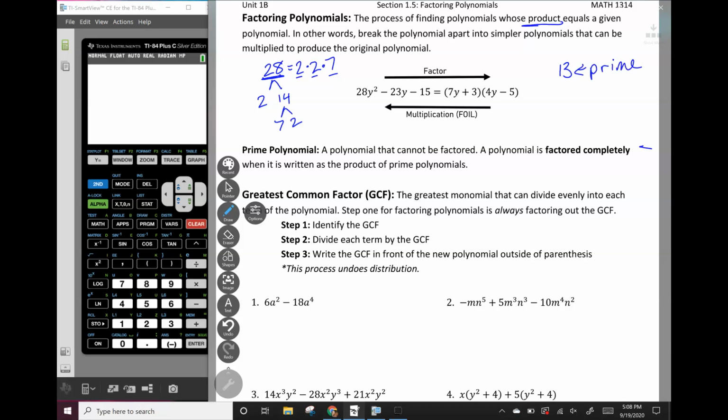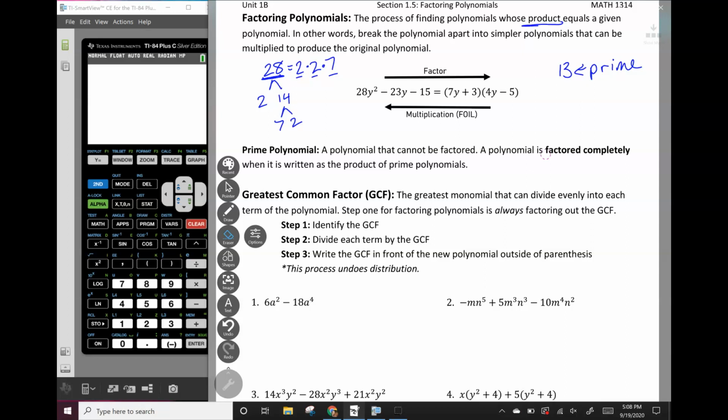Just like a polynomial that can't be factored, it would be called prime. And so a polynomial is not completely factored until it's written as a product of prime polynomials. So basically what that means is you need to keep factoring until you can't factor anymore. Right? So if I could factor this further, I would, but you can't. Those are both prime polynomials.